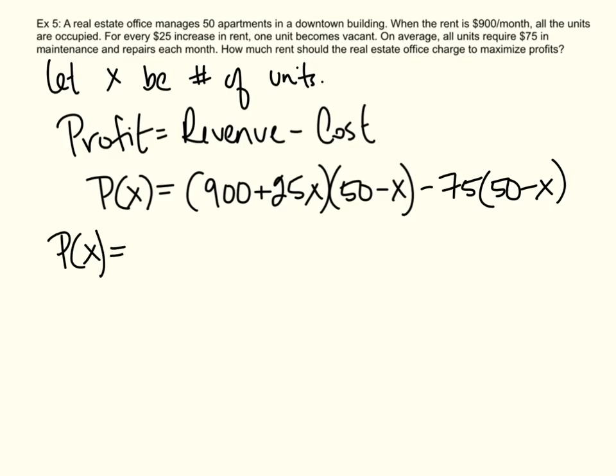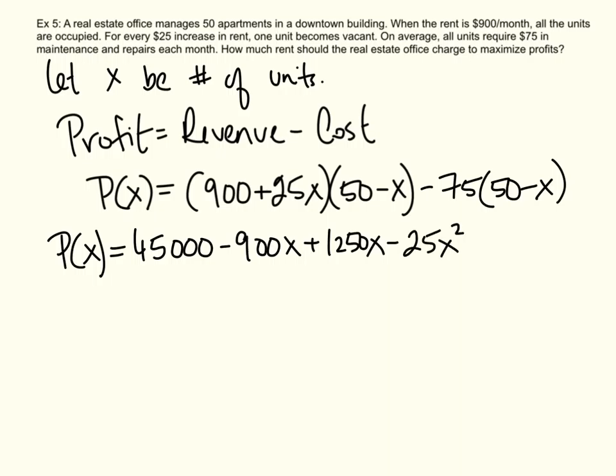Okay, so now that we have our profit equation, we can expand this, and we're going to get, I'll collect like terms after, plus 1250x minus 25x squared plus 75.